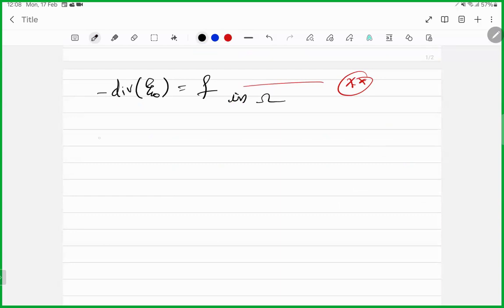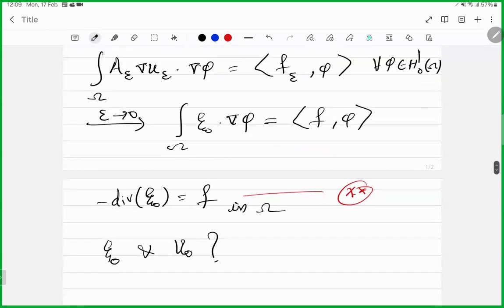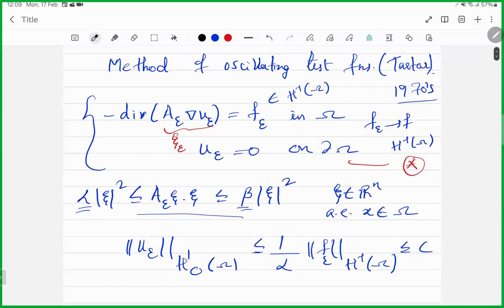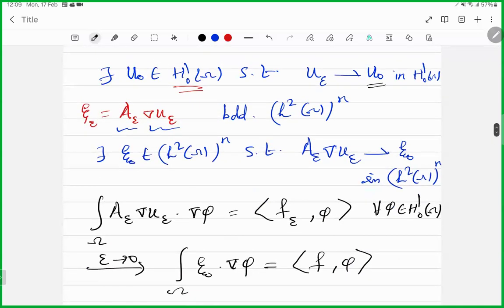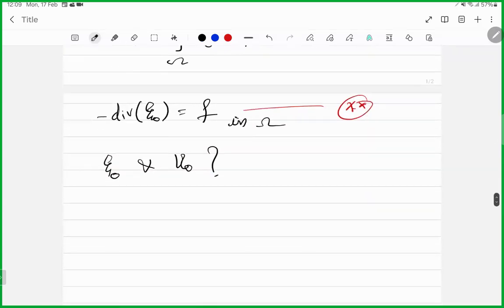Now the question is, is it possible to relate xi naught and u naught? What is the relation between xi naught and u naught, because u naught is the limit of u epsilon here, and then we have a xi naught.